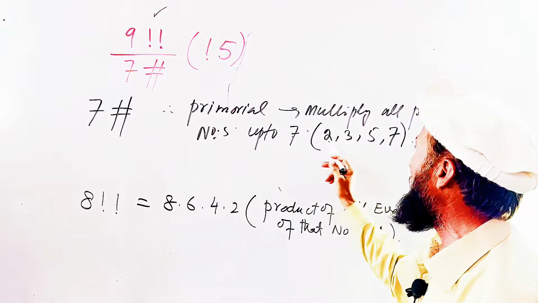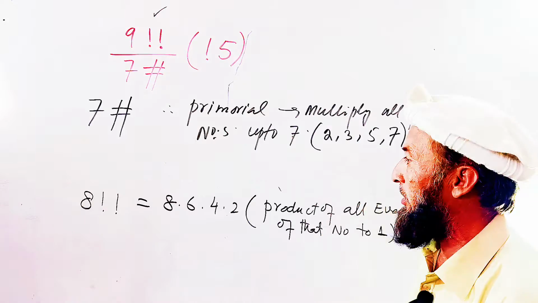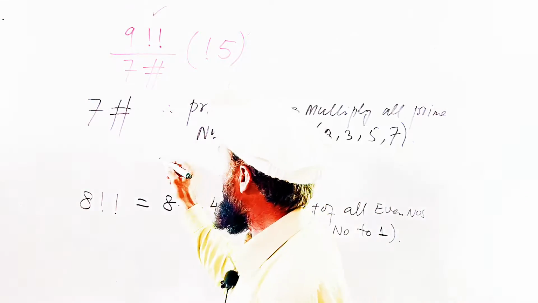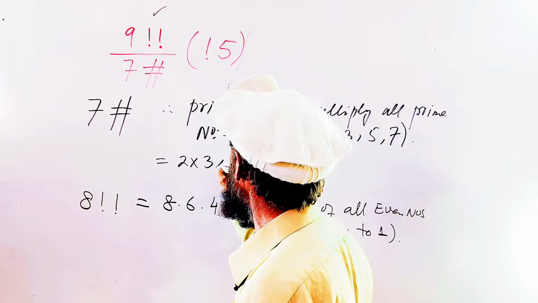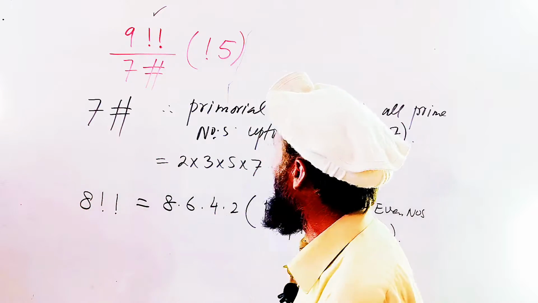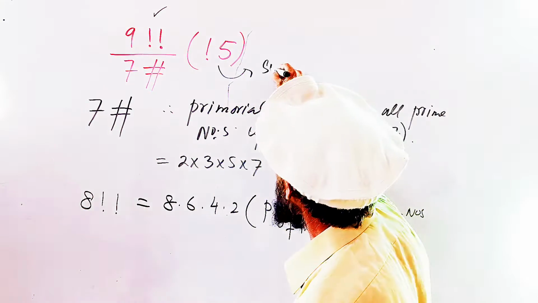The prime numbers up to 7 are 2, 3, 5, and 7. So we can write 7 primorial as 2 multiplied by 3 multiplied by 5 multiplied by 7. Now this one is the subfactorial.